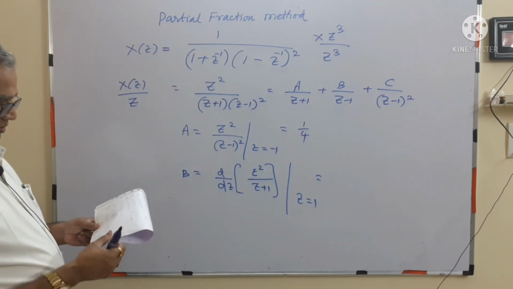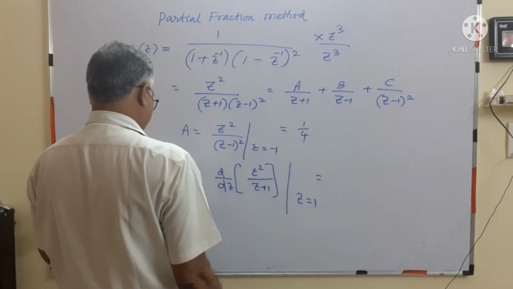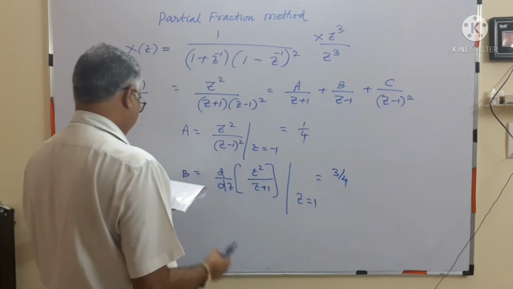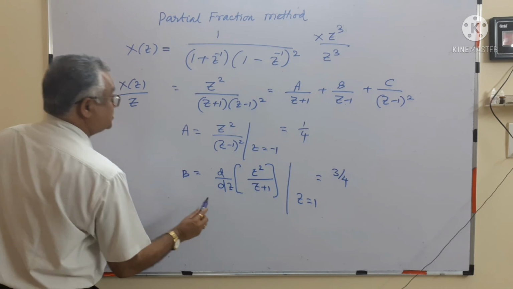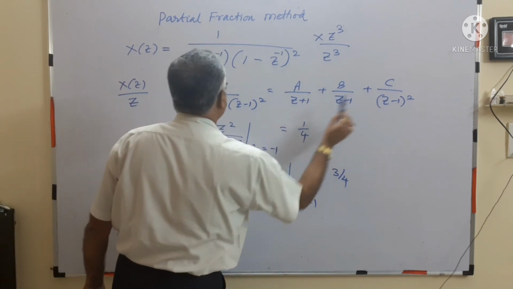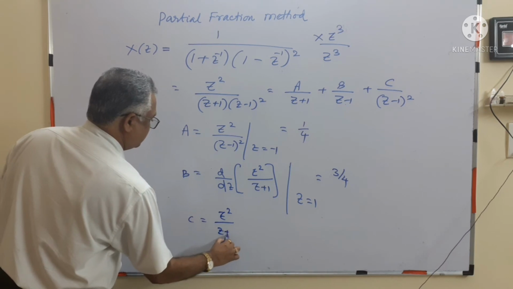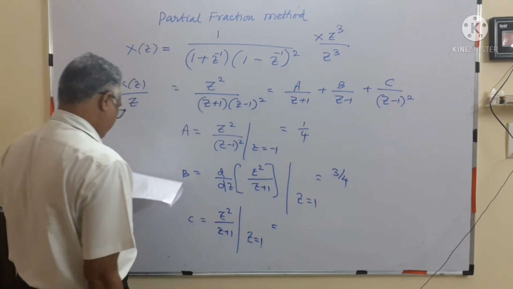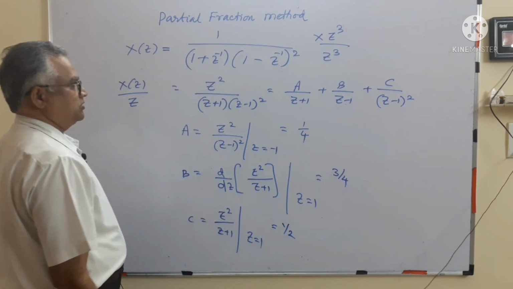So B is 3 by 4. C is straightforward. This cancels. What is remaining? z square by (z plus 1), simplify at z equal to 1. So this answer is 1 by 2.